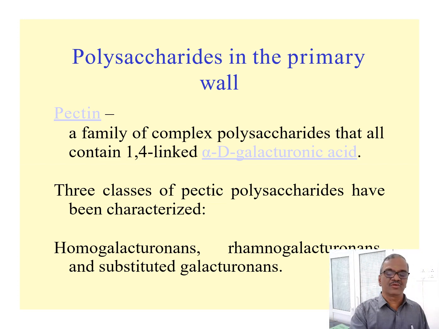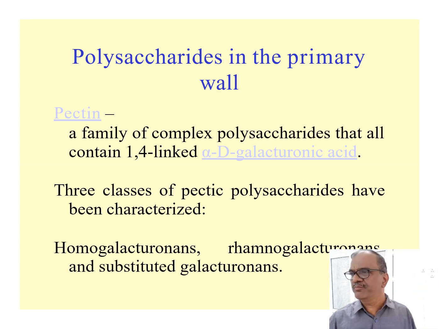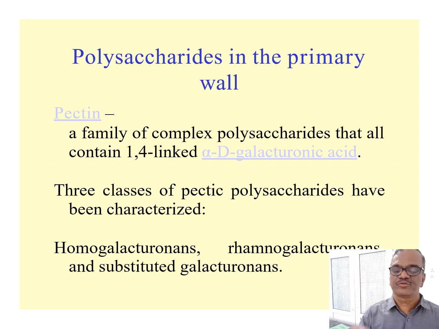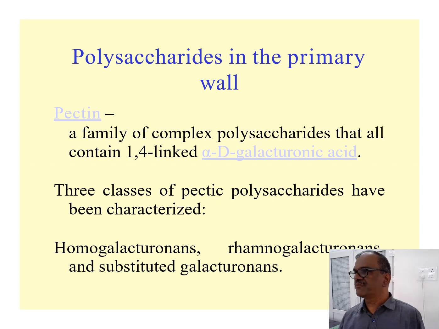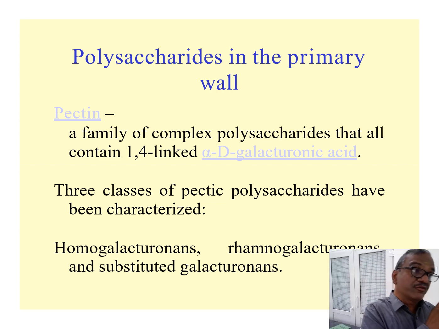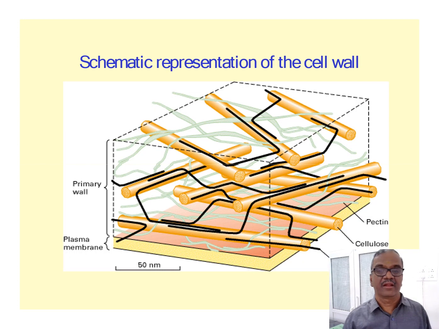So in that you can say homogalacturonans or rhamnogalacturonans. Don't bother about the words. You should know galacturonic acid residues are present here in case of the pectins. So we have seen cellulose, hemicellulose, then pectin. Okay, right. So how are they arranged?